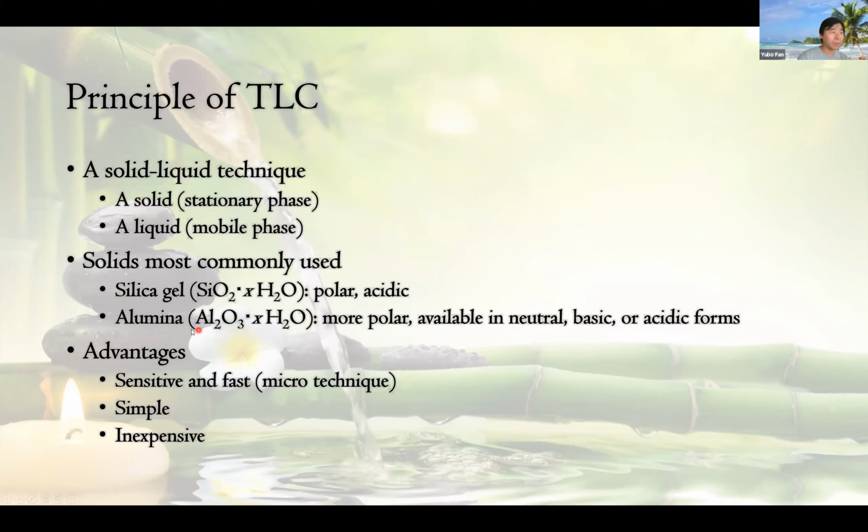Or sometimes we can use aluminum oxide as a solid phase. It's also polar, but based on how you make it, it can be neutral, basic, or acidic.